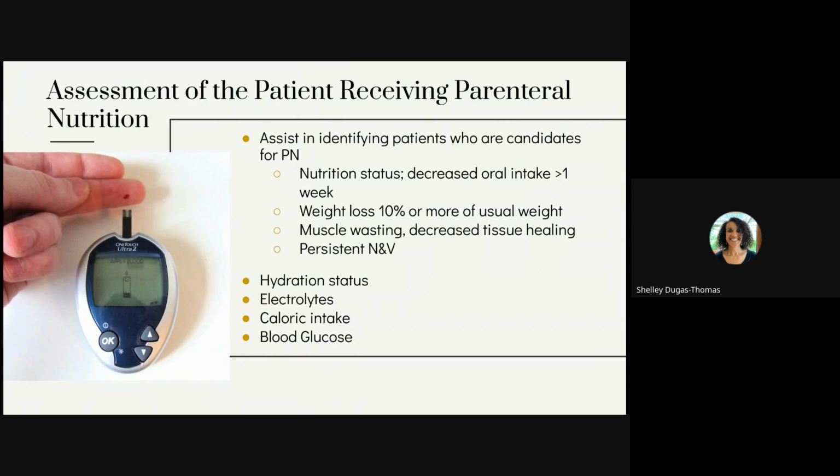You want to identify patients who may benefit from PN based on nutritional status, decreased oral intake of over a week, weight loss, muscle wasting, delayed tissue healing, persistent nausea and vomiting, hydration status and electrolyte imbalance, caloric intake, and blood glucose levels.